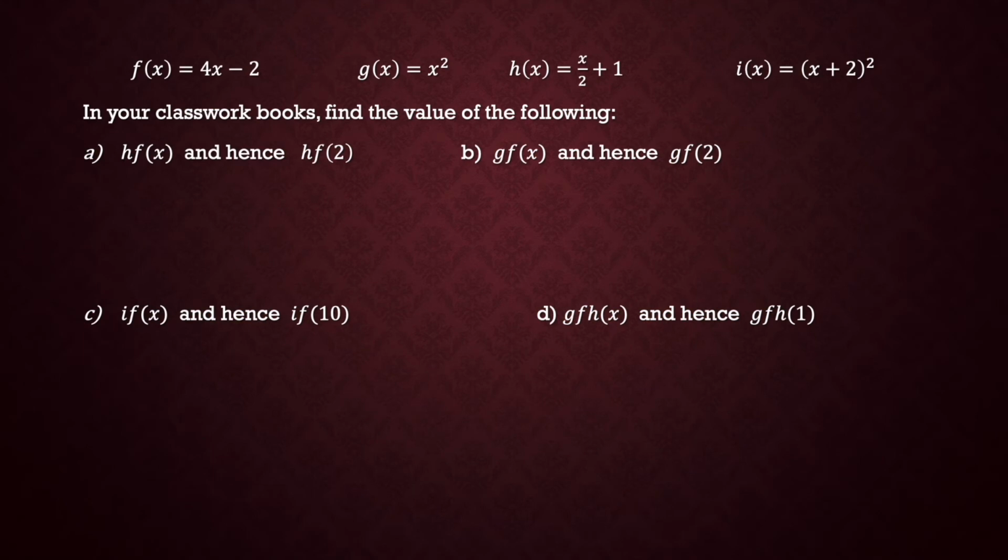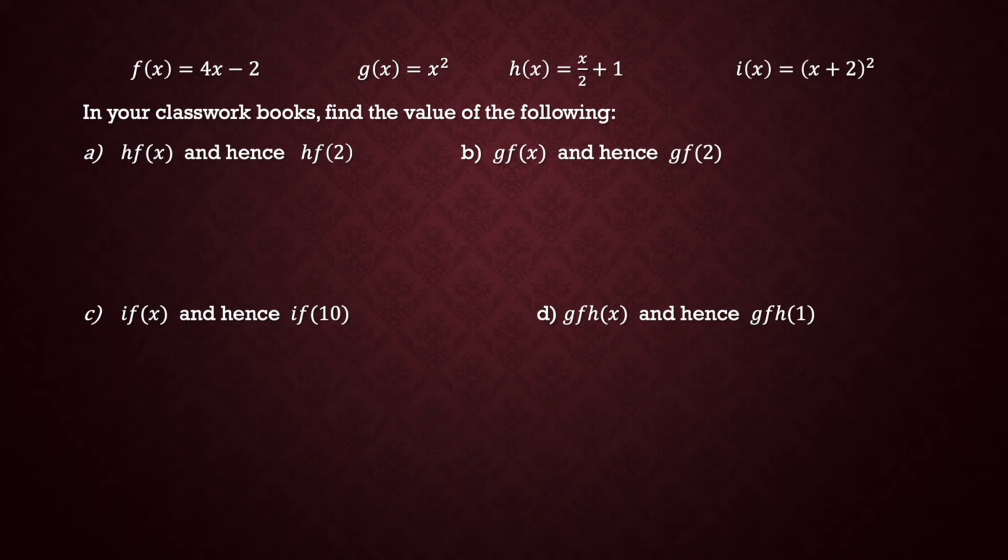Okay guys, right, let's have a look at them then. So, I've put an extra step in for you as well, like we did with some of the examples at the start, just so you get used to that substituting in as well. No difference. Right, so first one, hf of x. That means I'm going to substitute in f of x into h of x.